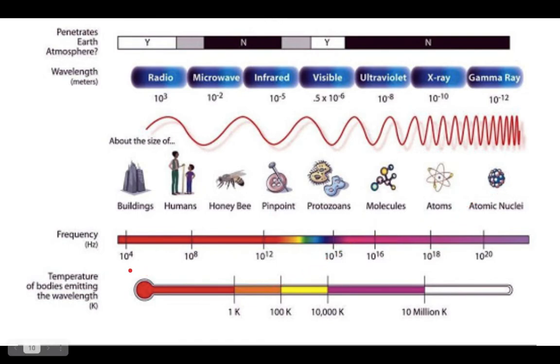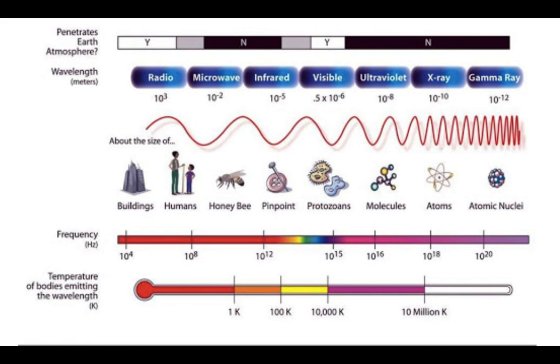And then interestingly enough, the energy carried by these waves is actually proportional to frequency, and this corresponds also to the temperature of bodies emitting light at these certain wavelengths, which goes into black body radiation, thermal radiation, and ultimately, if you want to go into the early history of quantum theory, the ultraviolet catastrophe, which we're not going to go into in this class.